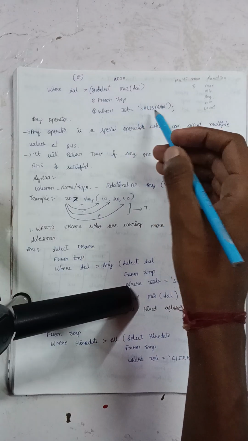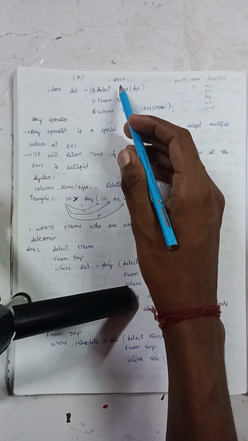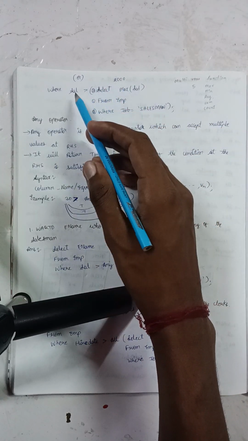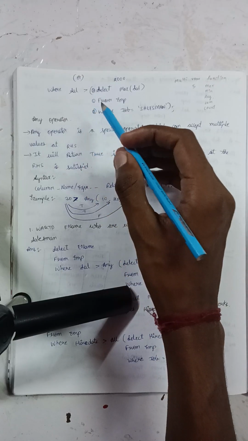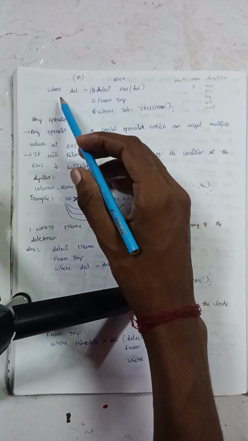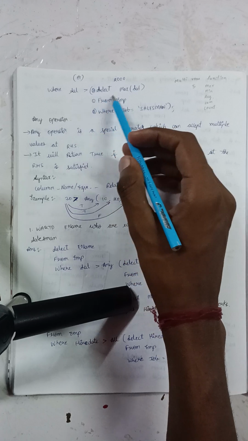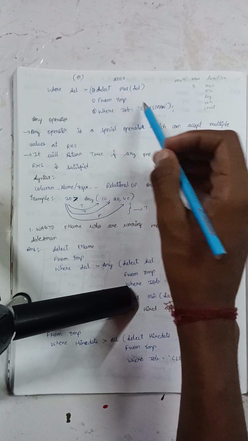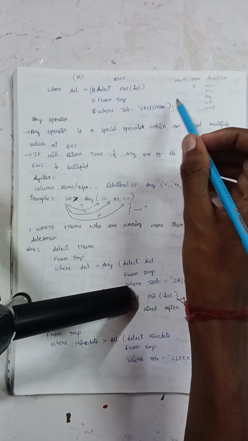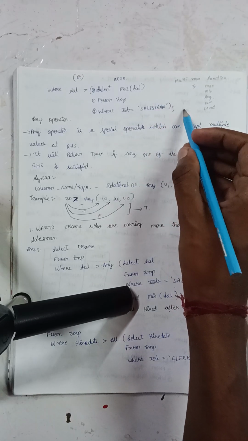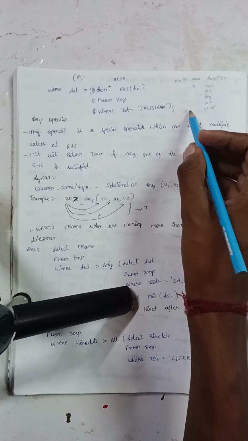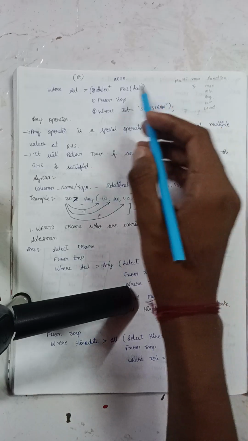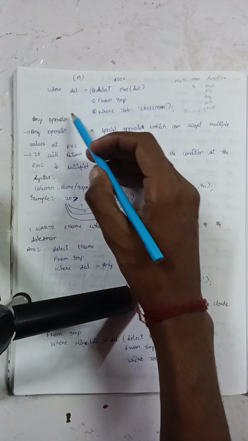We want to check the highest of salesman, and if we find it, then we can compare with all the salaries. So we can write where sal greater than select max of sal from emp where job equals salesman. Here we will get the salesman maximum salary. If we have 3 salaries, from those we will get the one maximum salary and that will be compared with all the salaries.